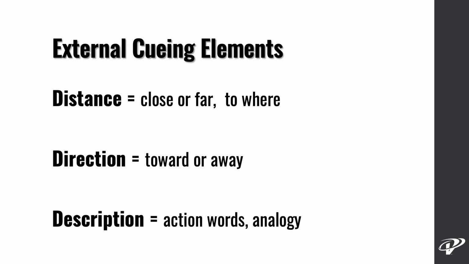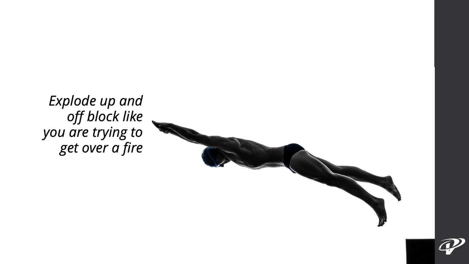It's the things outside. So let's say we have this athlete that is being taught how to start, and we need them to get more projection of the center of gravity. We could use an externally focused cue like this. And we have the elements of direction, up and off the block. And maybe we described it to him. We said, there's a line of fire right in front of the blocks.